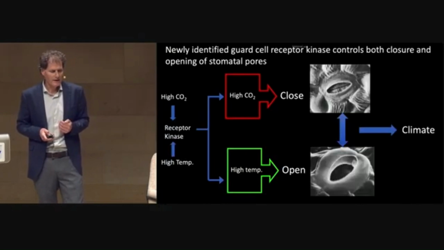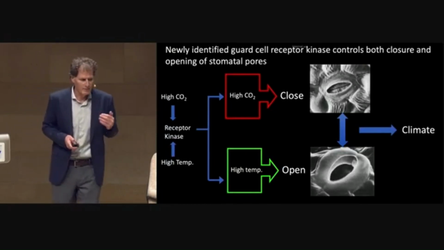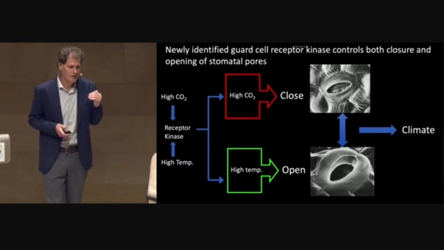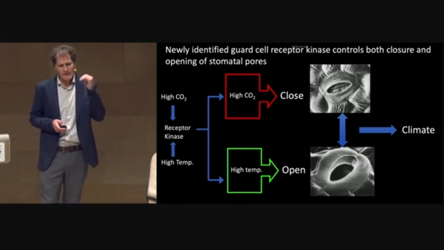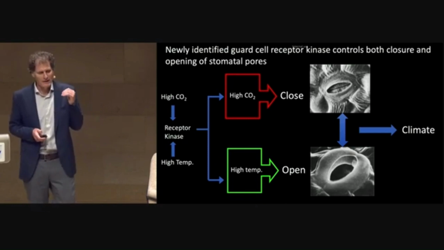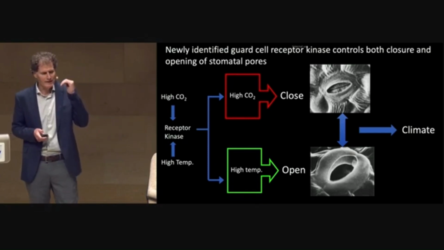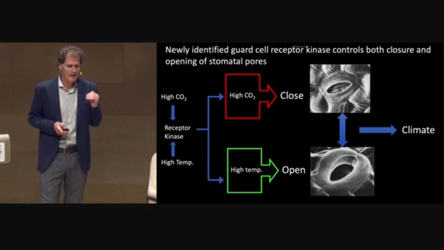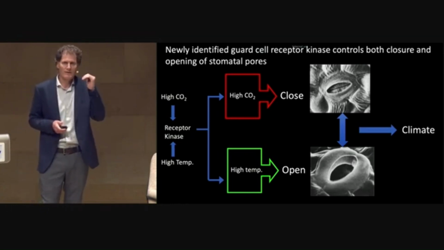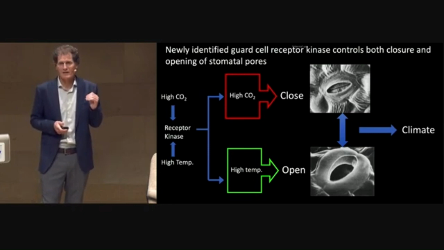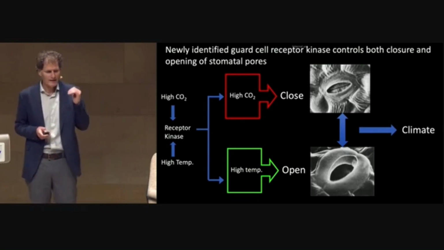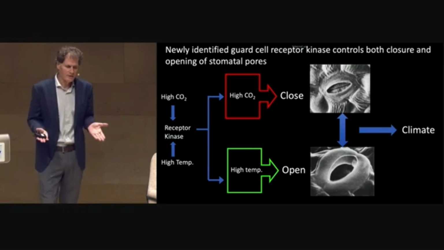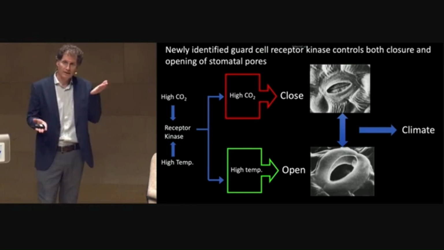I don't have time to go into the detail, but in principle we've uncovered a new kinase that is part of that pathway, and what we've discovered is that this receptor kinase actually is common to both the signaling pathway for CO2 sensing and temperature sensing. So there's a little bit of a nexus there, and it creates a dilemma when both of those environmental signals are going in the same direction.